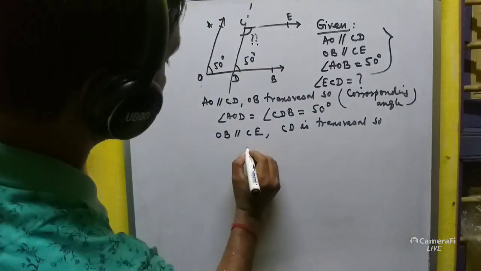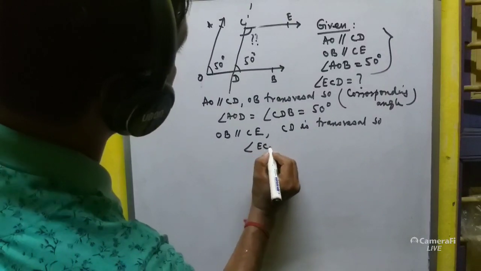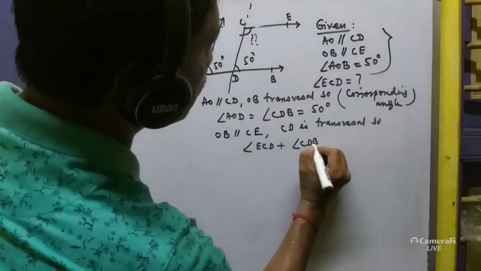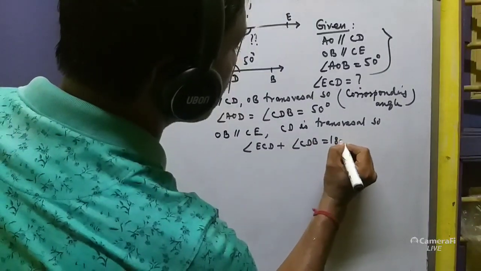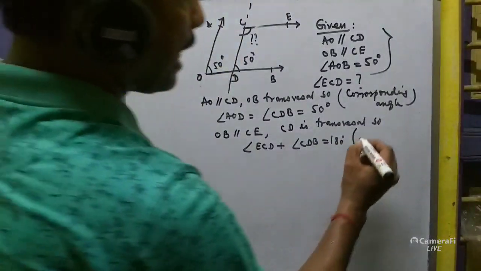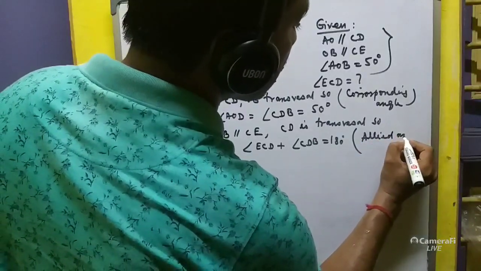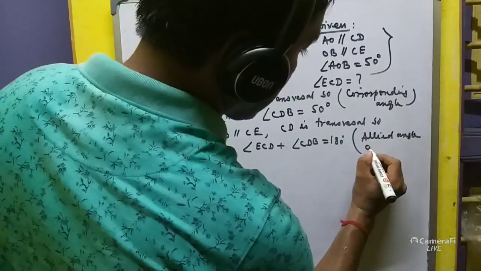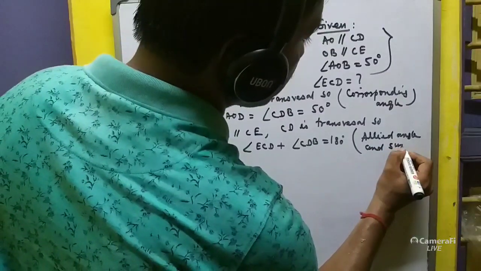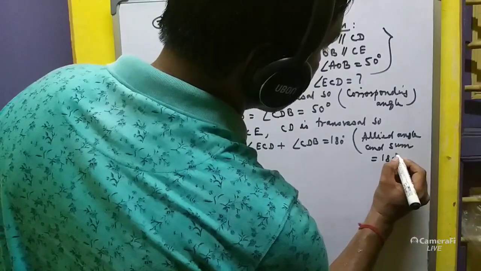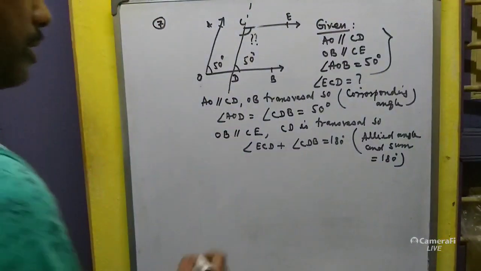So angle ECD plus angle CDB equal to 180. Write it, allied angles, and sum equal to 180 degree. Sum of those two angles is 180 degree.